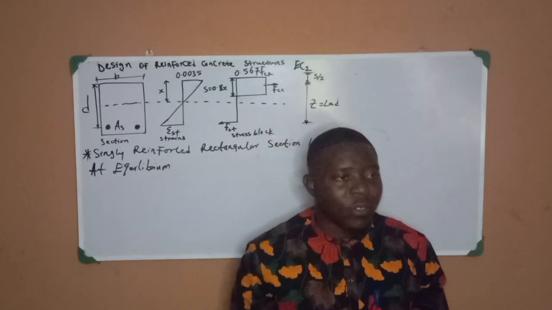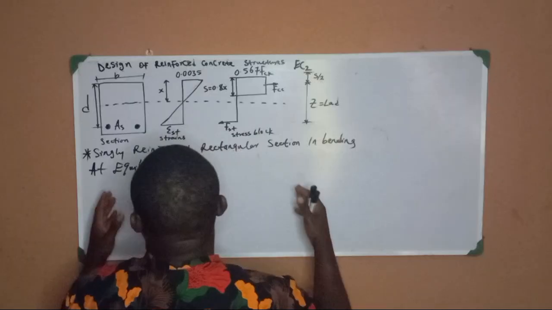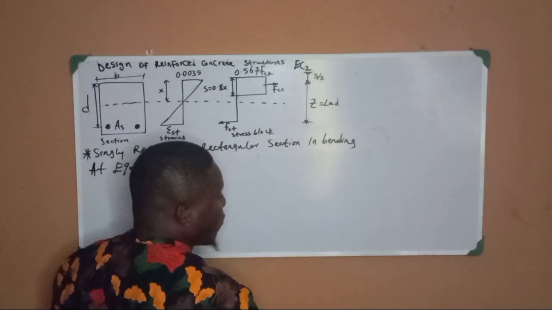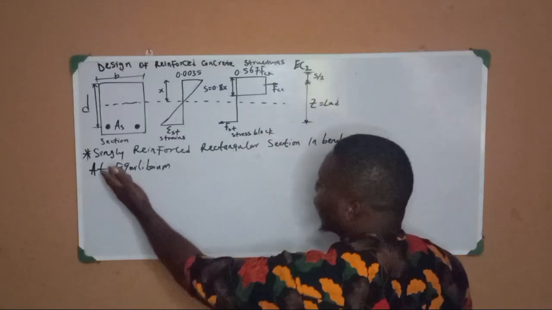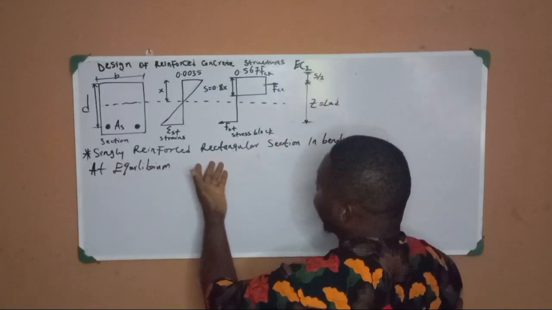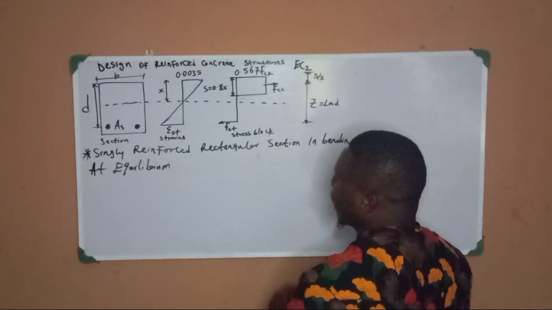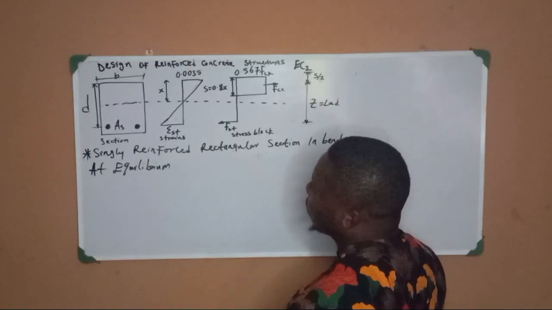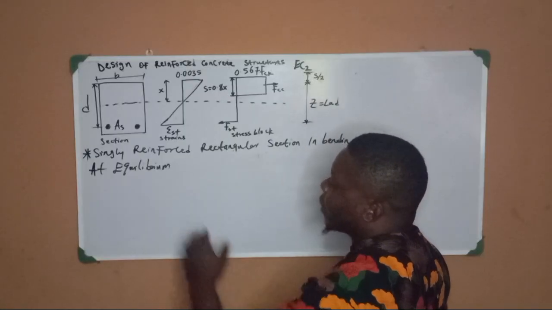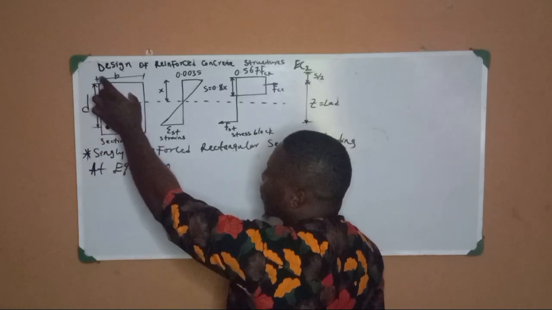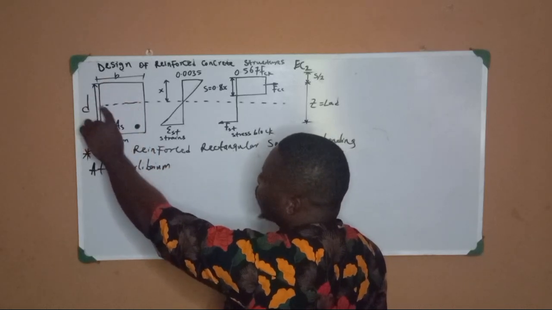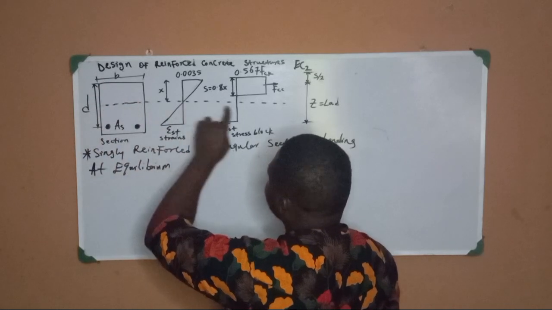Right now we have on the board a diagram of a singly reinforced rectangular section in bending at equilibrium. Now, this is your section. You can see the line of the neutral axis with dotted lines.